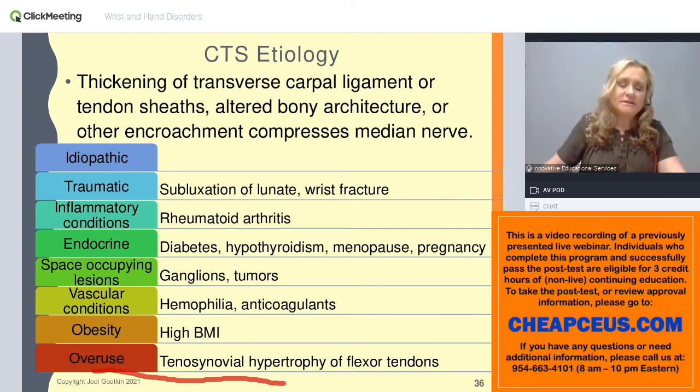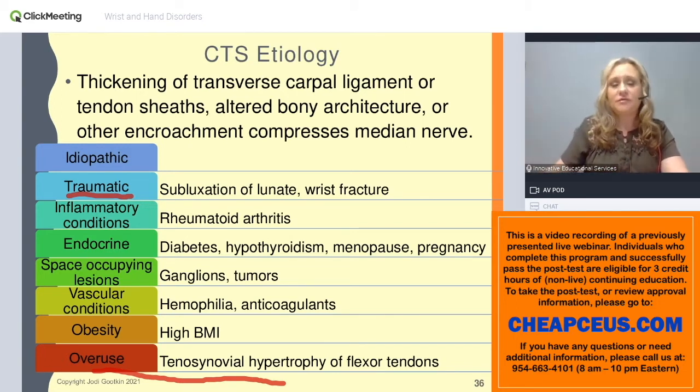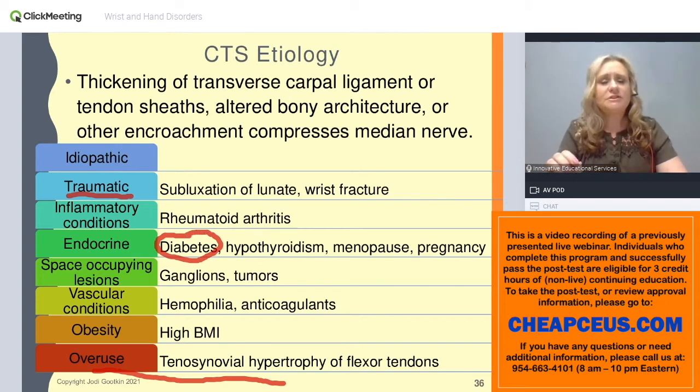What they're finding is there can be traumatic carpal tunnel syndrome if there's a shifting of the different carpal bones, particularly the lunate, that subluxes out, or associated with a wrist fracture. Some individuals present with diabetes. But with individuals with diabetes, you need to distinguish that peripheral neuropathy from potential compressive neuropathy, such as carpal tunnel syndrome.